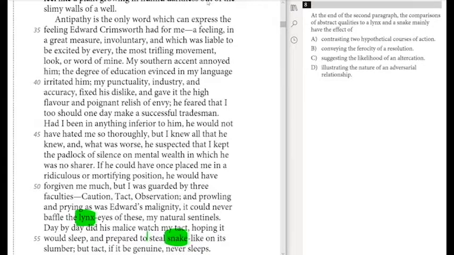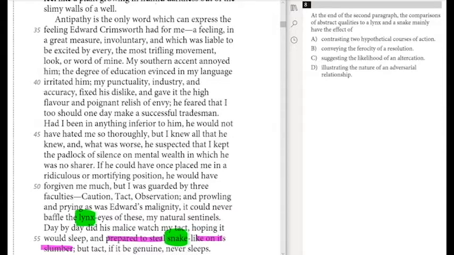But tact, if it be genuine, never sleeps." So we're seeing the idea that Edward Crimsworth was after him like a snake, prepared to steal, is what the passage says, on its slumber. So Crimsworth was like an evil villain lurking in the shadows, ready to leap on every opportunity.